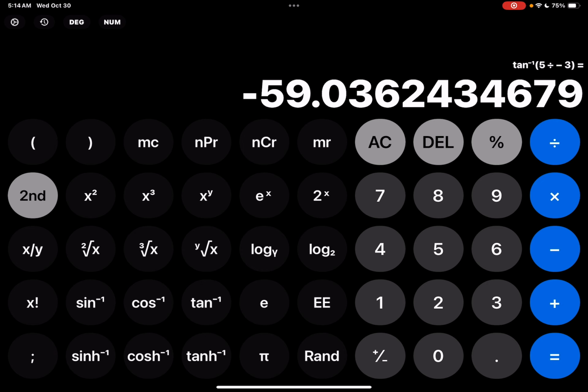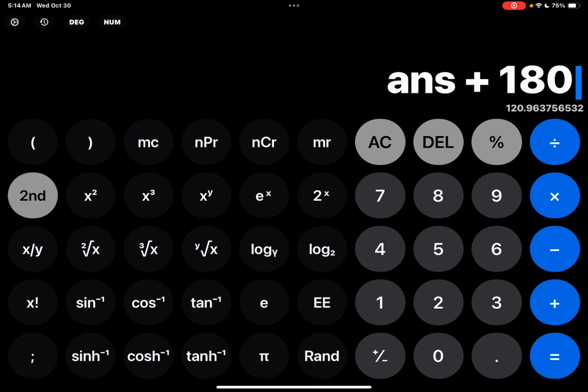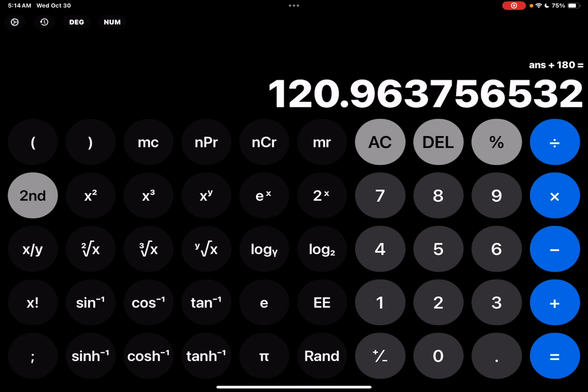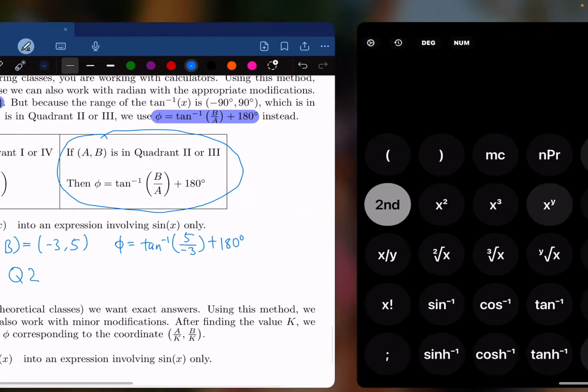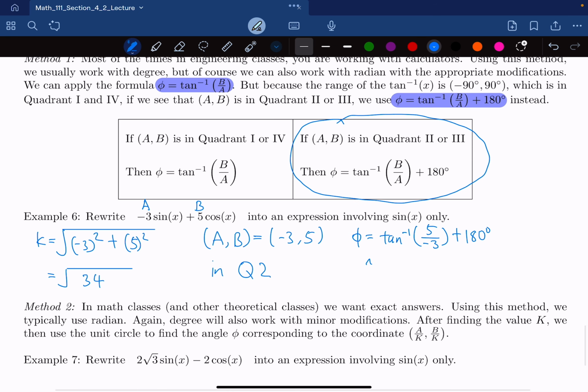This is exactly why we need to add 180 degrees, and this is my answer: 120.9637, depending on whichever digit you round to. Let's do 120.964 degrees. Okay, and we should double check, right? 120 degrees is definitely somewhere in quadrant 2, so I know I'm probably doing this right.